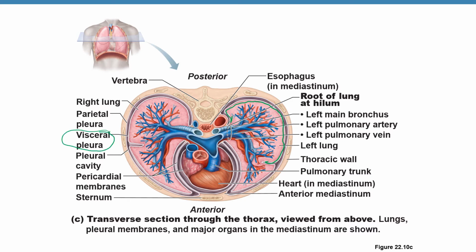And now this lining covering the cavity, this is parietal pleura. And between them, we have pleural cavity, right? So let me take a blue. So here, this cavity in between goes over here. This is our pleural cavity.